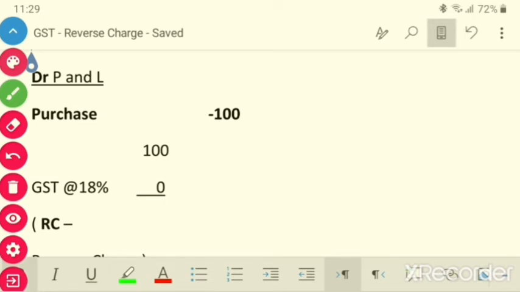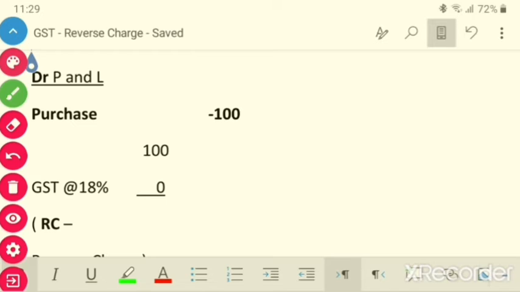In case 3, we are presuming that there is no reverse charge. There is no specific provision, there is no specific section. Reverse charge cannot be levied, so reverse charge is not there. Case 2, case 3, what is the difference? In case 2, we have a reverse charge. In case 3, we are not having a reverse charge.